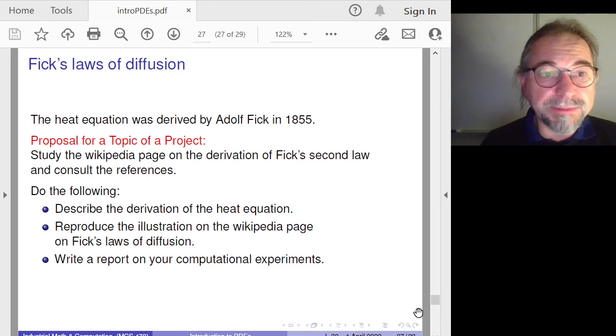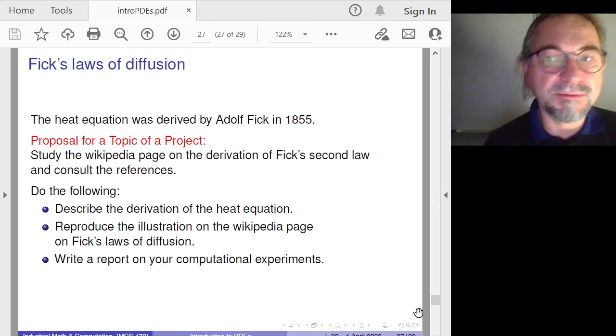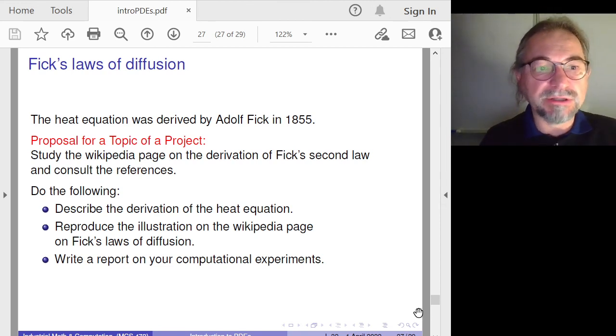Now, the Wikipedia page is actually quite good and gives a derivation of Fick's second law. Work through that derivation, and it has a very nice illustration as well. So there is a computational visualization aspect. Try to visualize this.